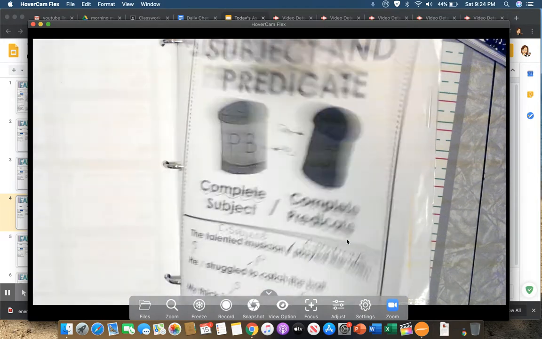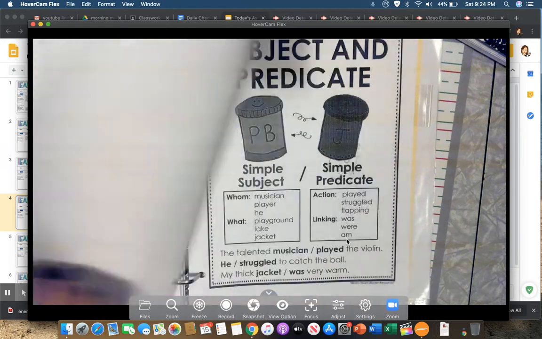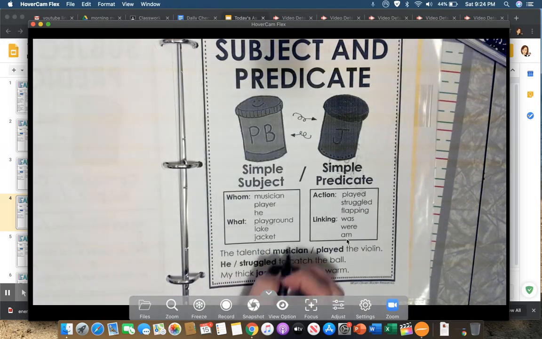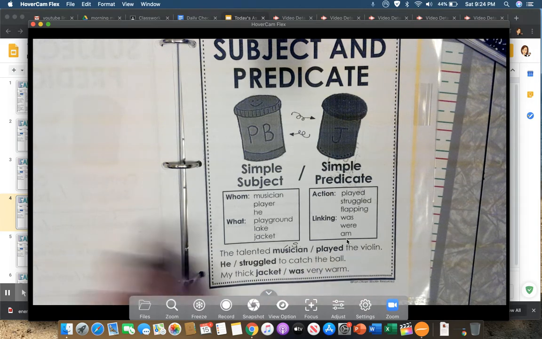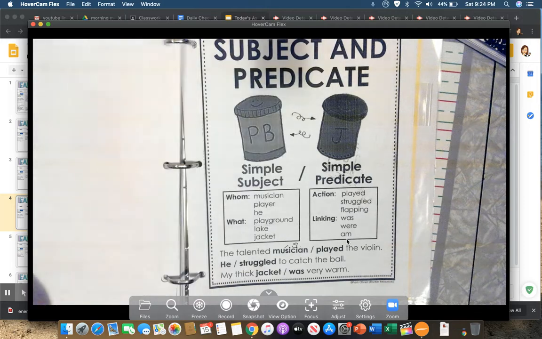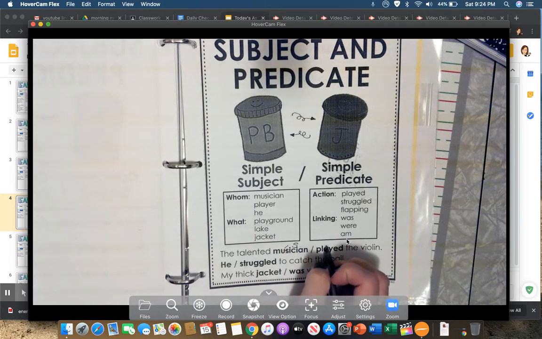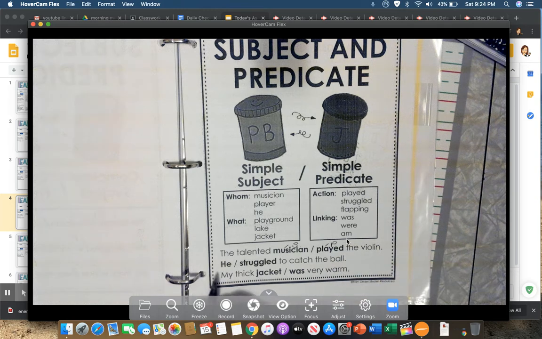Okay, so the talented musician played the violin. That was just like before, but the complete subject is the talented musician. The simple subject is just musician. The complete predicate was played the violin. The simple predicate is just played. Okay, so do you start to see the difference?